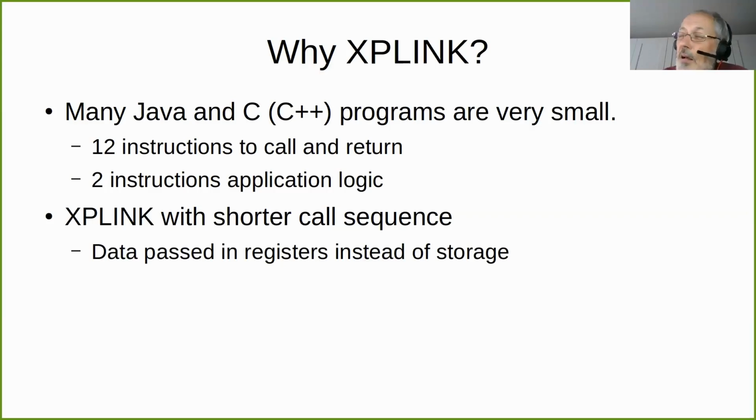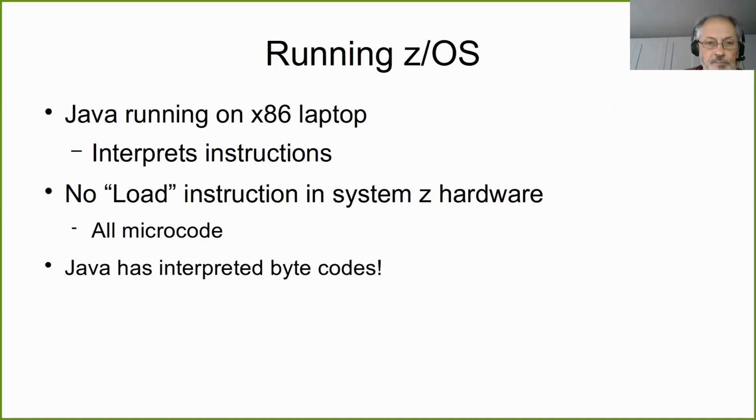And so it might only take 3 instructions to get into the function and 2 to get out again. And I think that when Java was changed to use XP-Link, they basically doubled throughput overnight. So XP-Link does go faster. You have to change your program to compile with some options, but otherwise it works pretty well, and it's the way to go for some things.